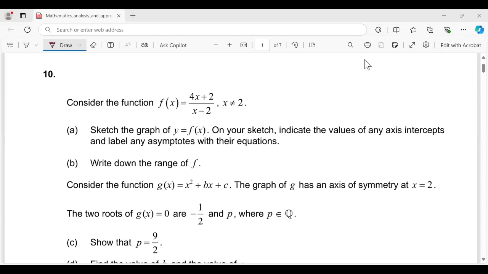Number 10. Consider the function f(x) equals (4x plus 2) over (x minus 2), where x is unequal to 2. Sketch the graph of y equals f(x). On your sketch, indicate the values of any axis intercepts and label any asymptotes with their equations. Okay, so this function is a rational function.